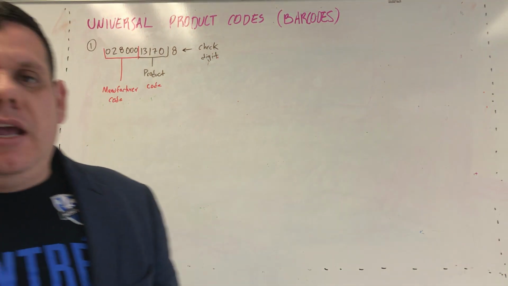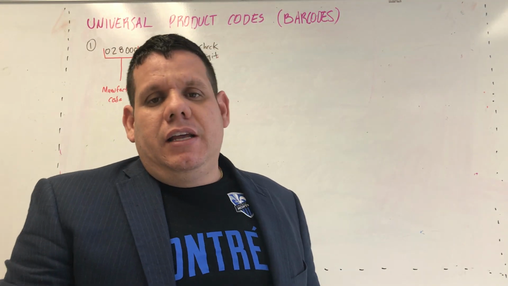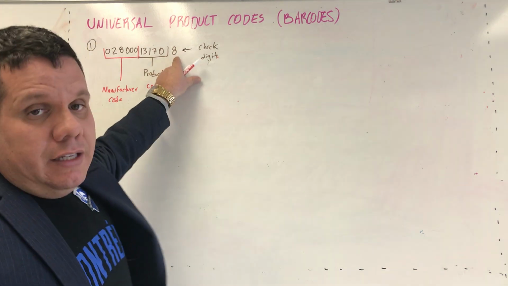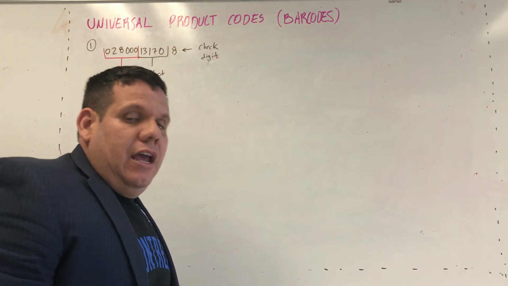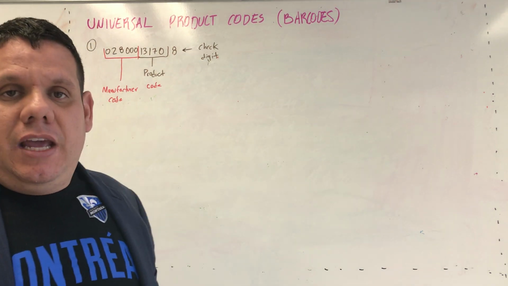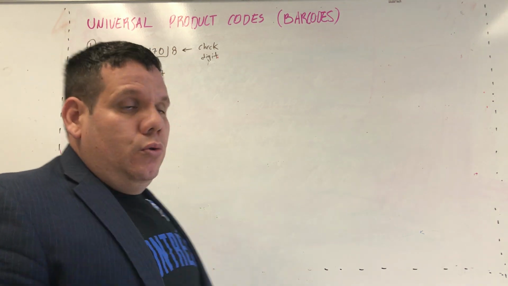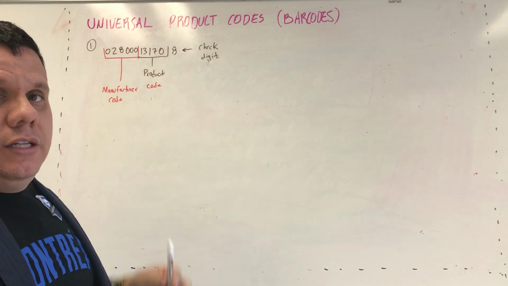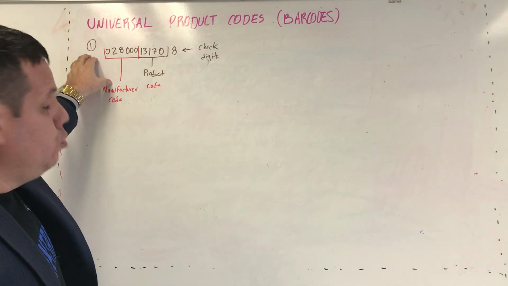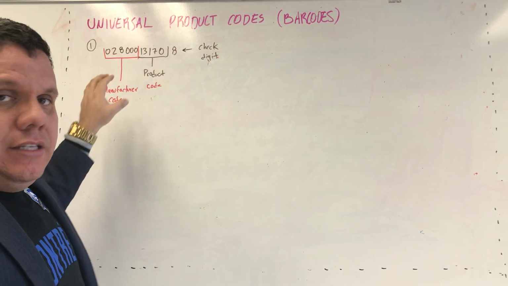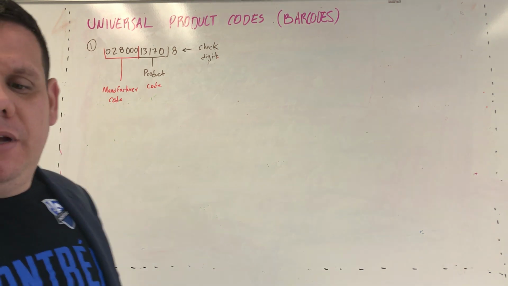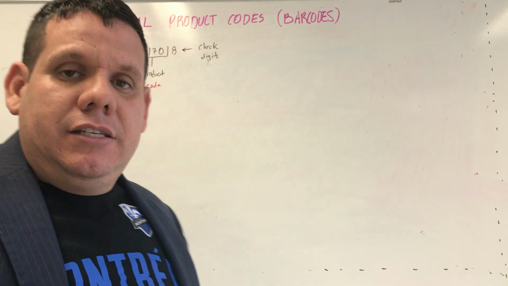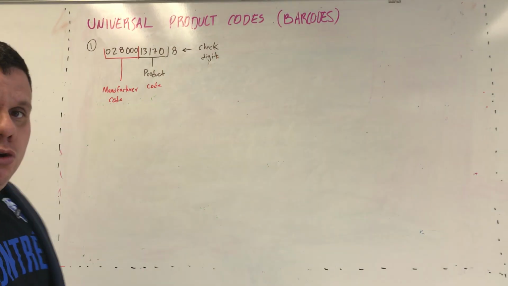What I mean is, when you scan this in the supermarket, if the check digit is not this one, that means there was a mistake when entering the codes to scan this. Okay, so what do we need to know if this is a valid number? At this moment, I know that it's a valid number because it's from this chocolate that I have eaten today. But let me show you what to do.